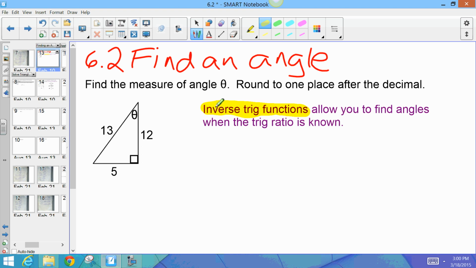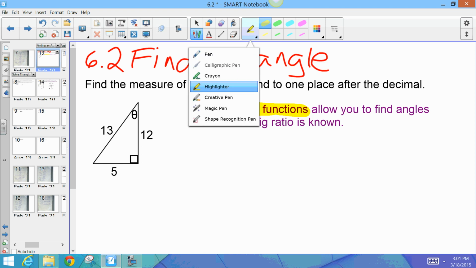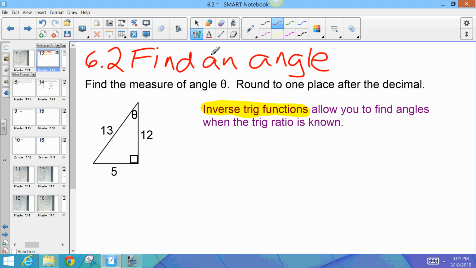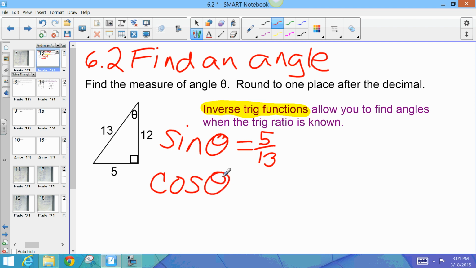So let's first just demonstrate that we do know a bunch of trig ratios here. I can find the sine of theta, which is opposite over hypotenuse. That's 5/13. I could find the cosine of theta. That would be adjacent over hypotenuse.